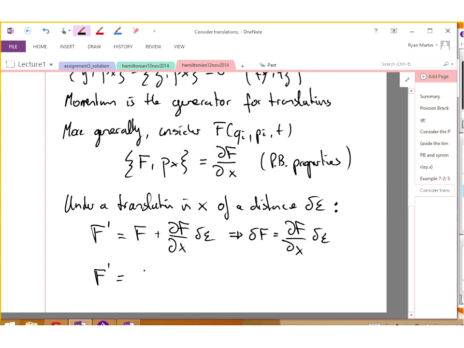So in other words, f prime is equal to f plus the Poisson bracket of f with px times delta epsilon. Sorry, f with px. I'm sorry.